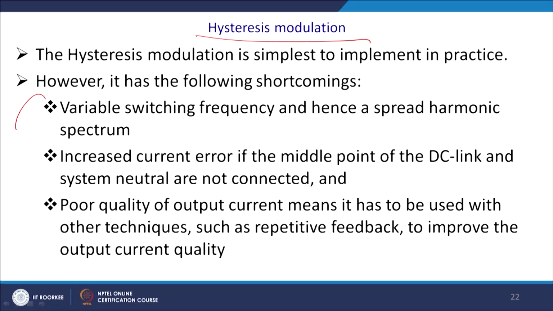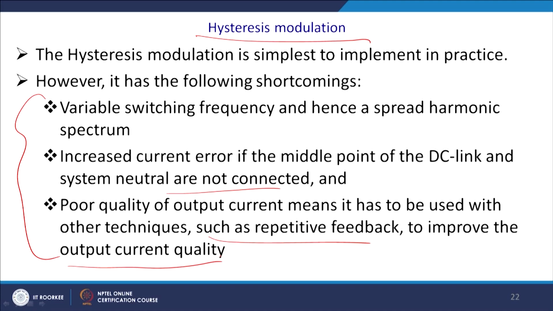However, it has these shortcomings: variable switching frequency and hence spread harmonic spectrum, increasing current error if the middle point of the DC link and the system neutrals are not connected, and also poor quality of output current, which means other techniques such as repetitive feedback have to be used to improve the output current quality.